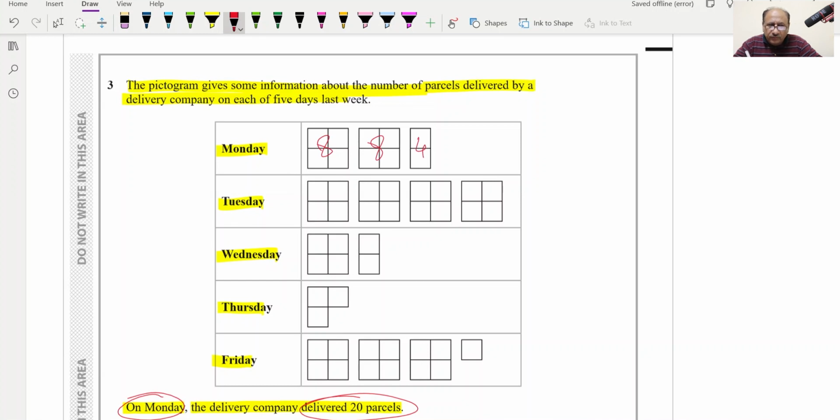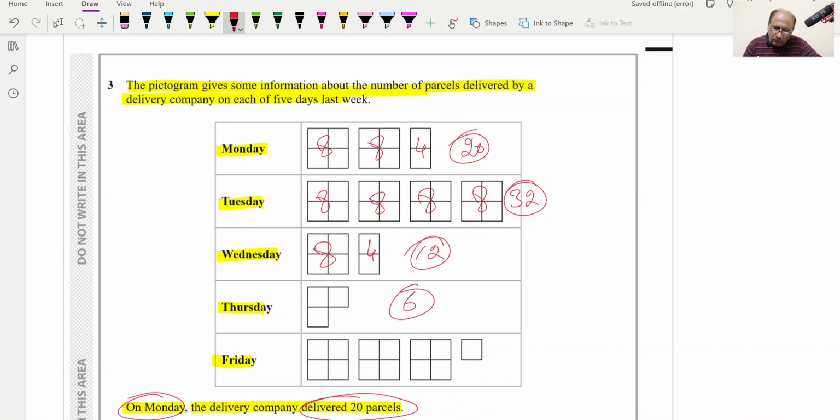This one also we can count, 8, 8, 8, and 8, 4 times will be 32. Next we can figure out this is 8 and this is 4, so it will be 12. And for this one we can figure out this is 4 and 2, so it will be 6.